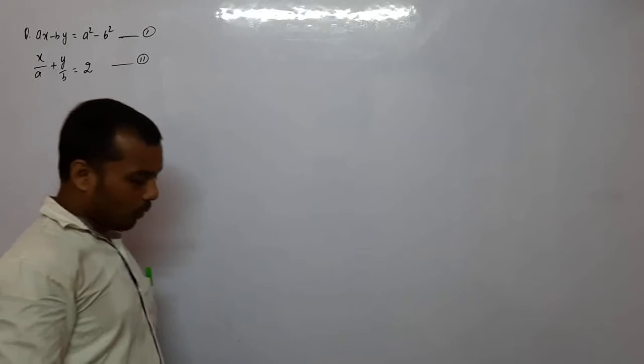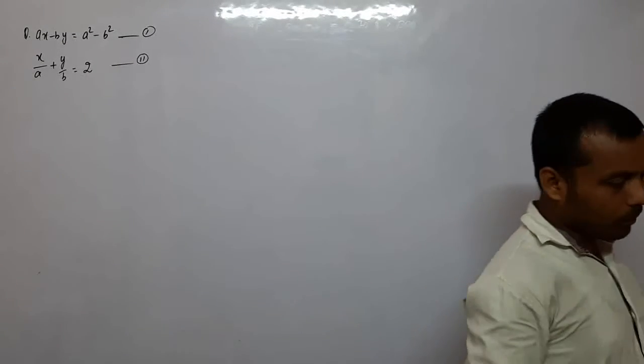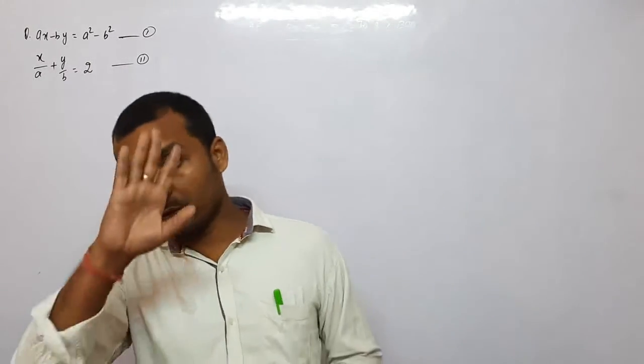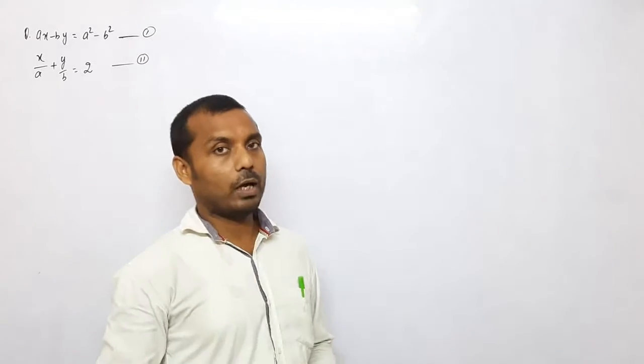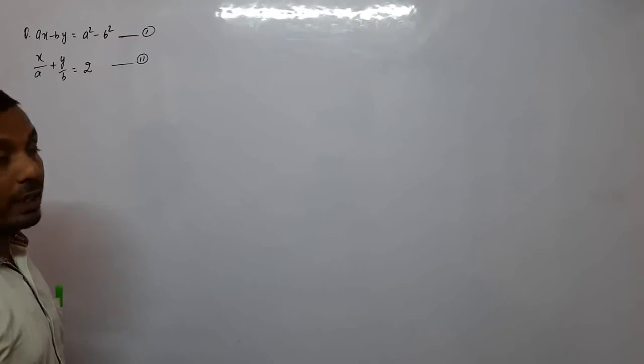See, what we have to do is first choose the term which we want to eliminate. Basically, I used to take the term y to be eliminated. So I will make sure that the coefficient of y becomes equal first.